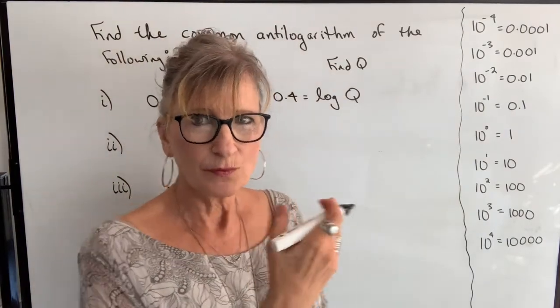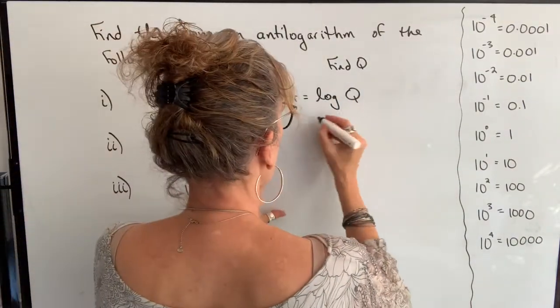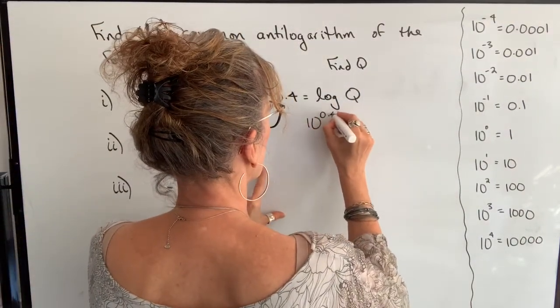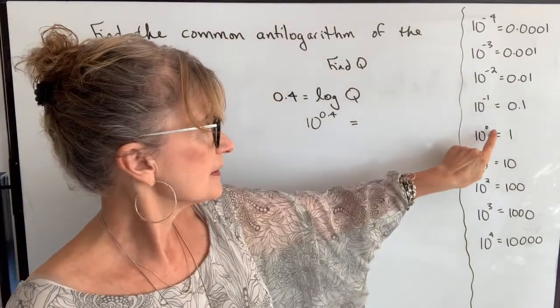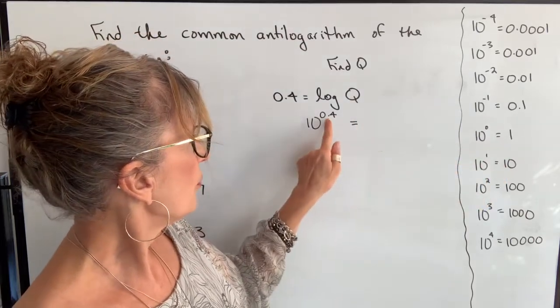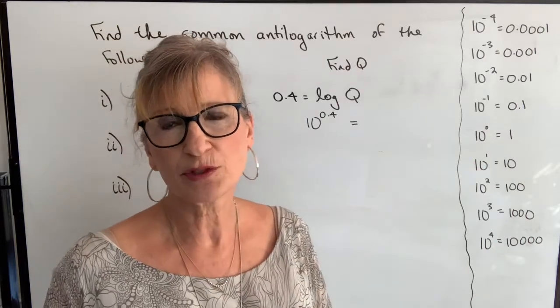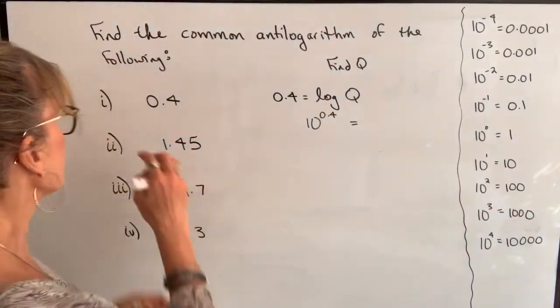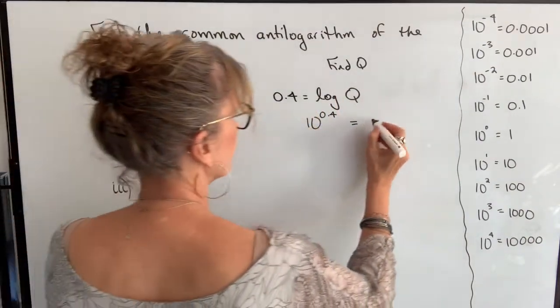In both of the ways that it's asked here, it means what we're finding is 10 to the 0.4. We know that 10 to the 0 is 1. We know 10 to the 1 is 10. And 0.4 is between 0 and 1. So we know that our answer should be somewhere between 1 and 10. So we use our antilog function on our calculator, 10 to the x, and we should get 2.51.